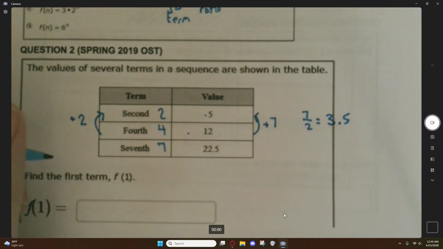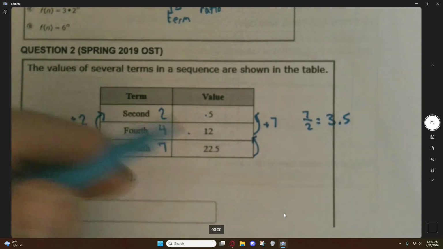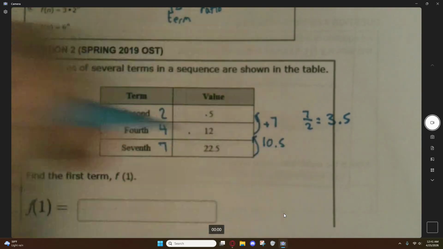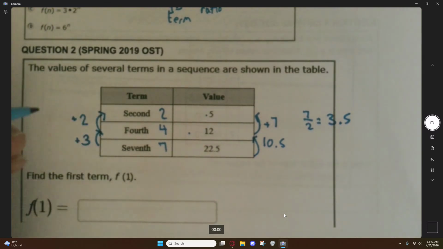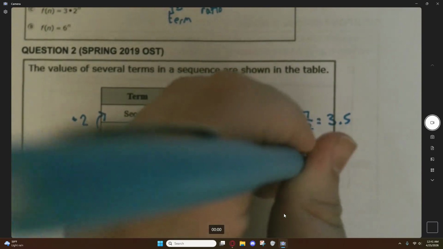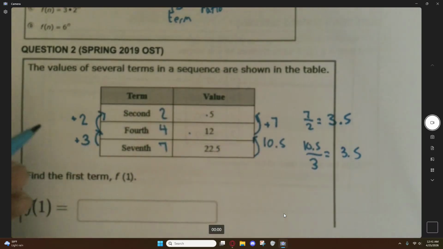If this is an arithmetic sequence, that 3.5 will hold. Let's check here. Going from 12 to 22.5 is a difference of 10.5. Going from 4 to 7 is a difference of 3. 10.5 divided by 3 would also be 3.5. So our common difference is 3.5 in this sequence.